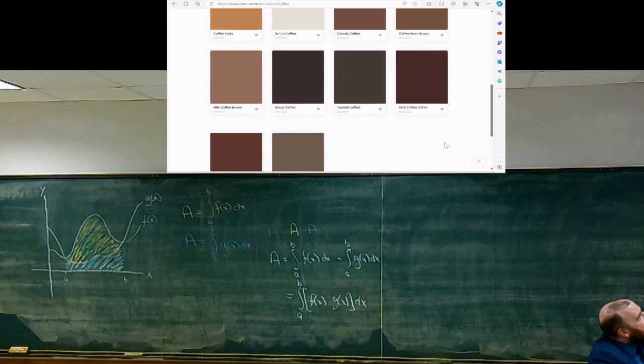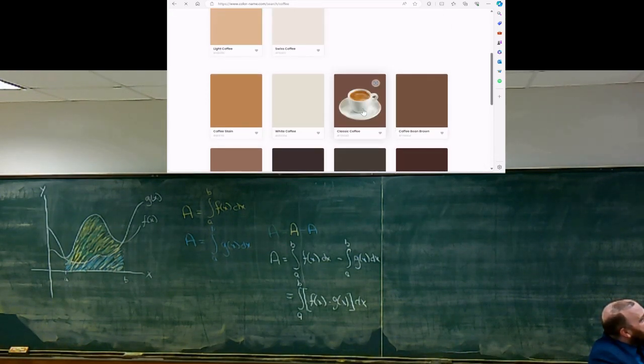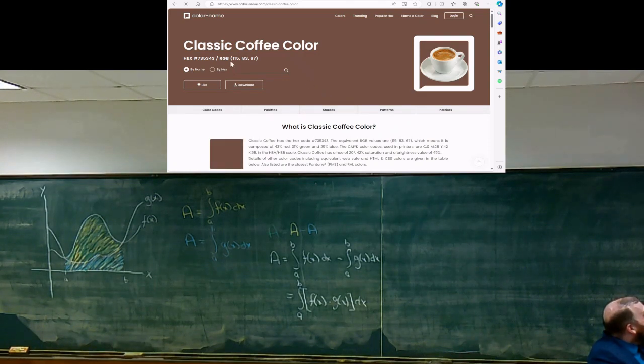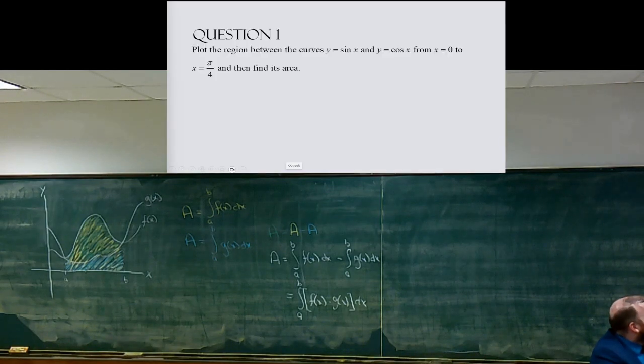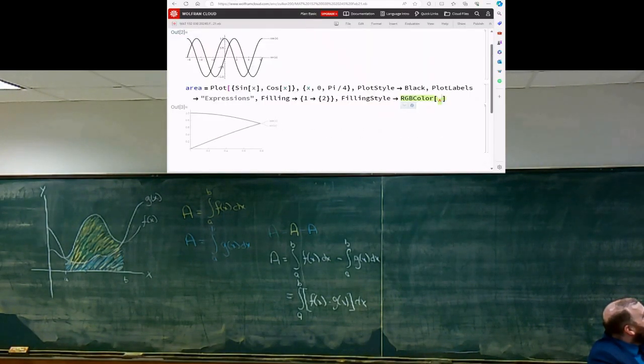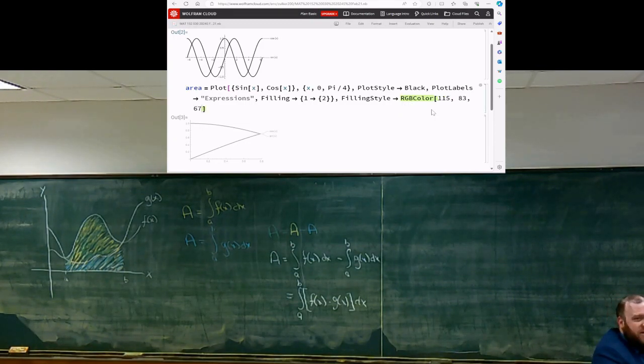Oh dear, so many. Let's go with classic. Why not? All right, so there is my RGB code for the color I'm going to use. I'll just go ahead and copy paste.